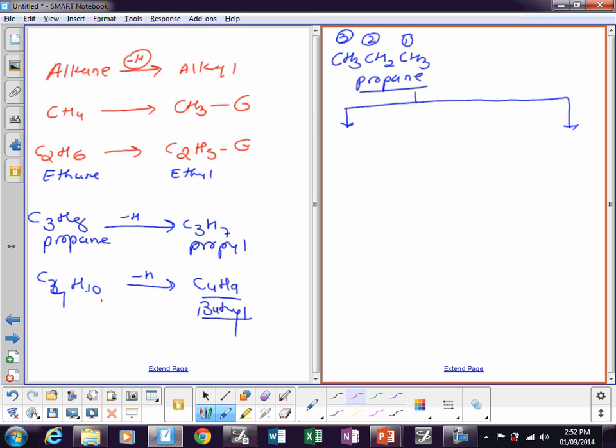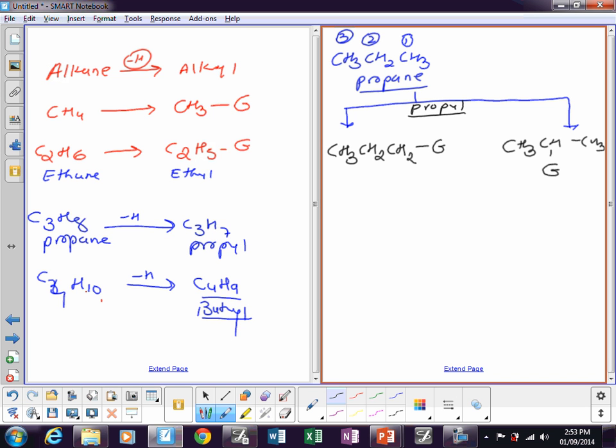And if hydrogen is removed from first carbon, then this is our propyl group, and some functional group has to join over there. And suppose hydrogen has left from the second carbon, then group will join over here. Both of them, they are definitely from propane, so we are getting propyl, no doubt.